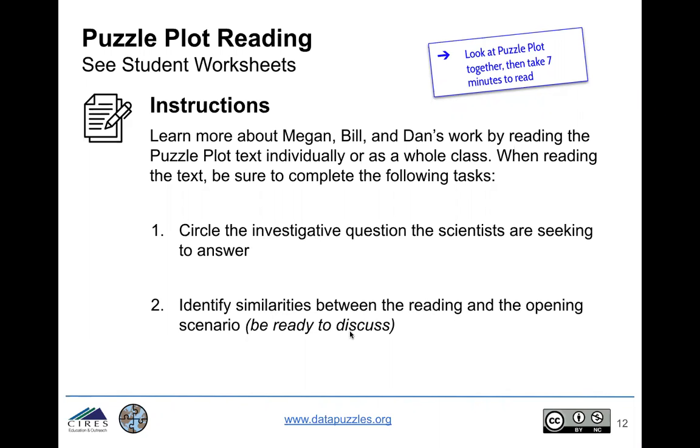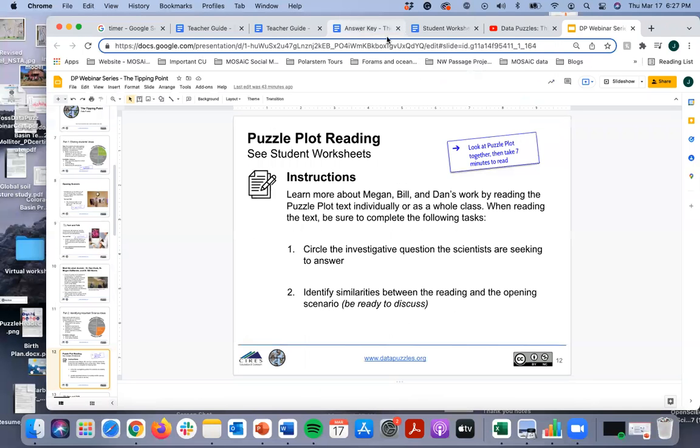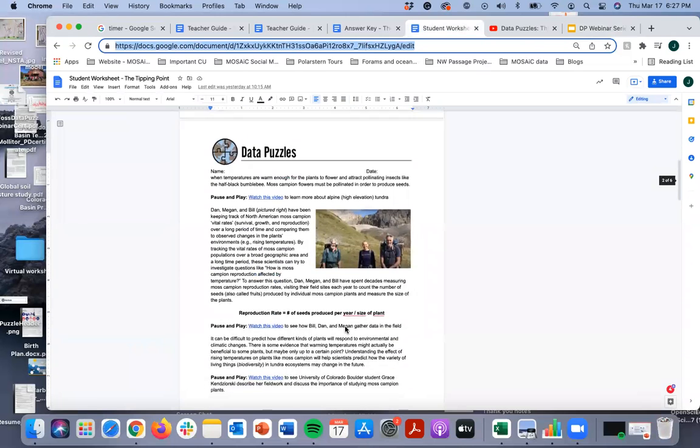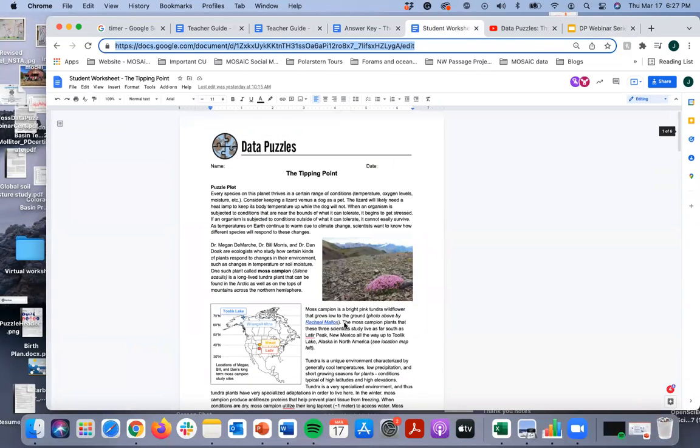What I'm going to do right now is pause and stop talking. In the chat, I'm going to drop a link to the student worksheet for the tipping point resource. I'll give us 5 minutes right now.